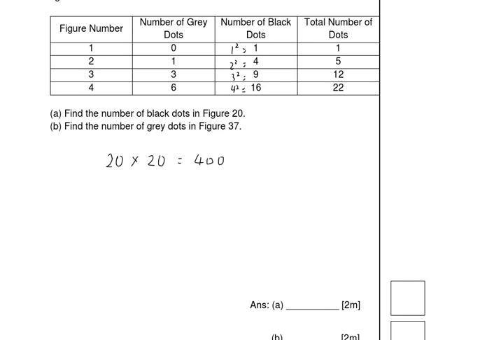So part A, everyone okay? This is known as square numbers. You always have 1, 4, 9, 16, 25, 36. After 36 is what number, Alexis?